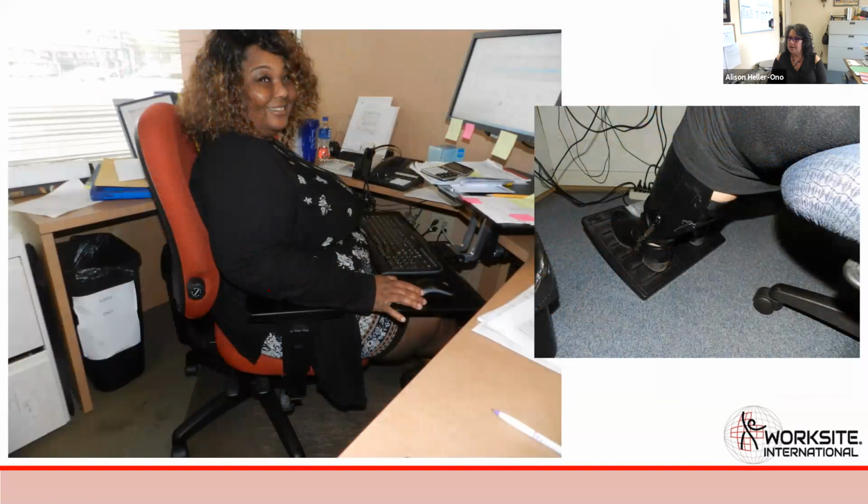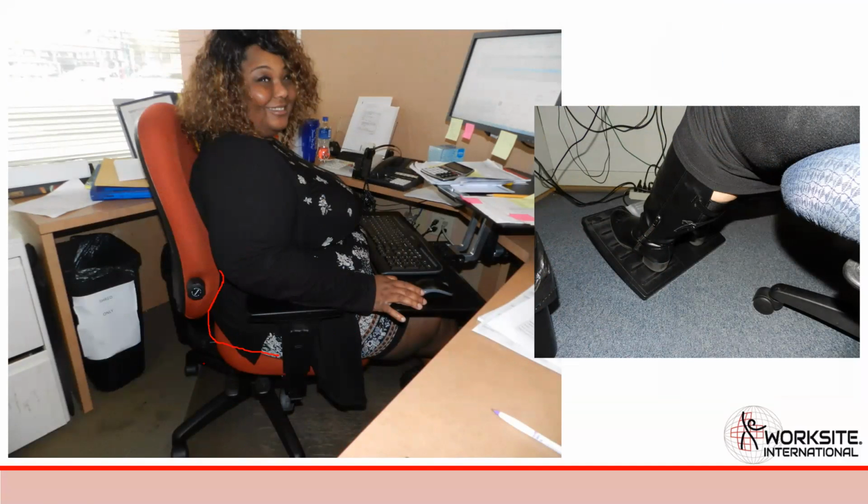For this individual, now I wish I'd taken a picture of her standing, but she had a severe sway back, very significant sway back, and also a lot of buttock tissue right through here. Okay, so her buttock muscles and the tissue there was very pronounced, and so the chair was too low, and what happened was it pushed her forward.